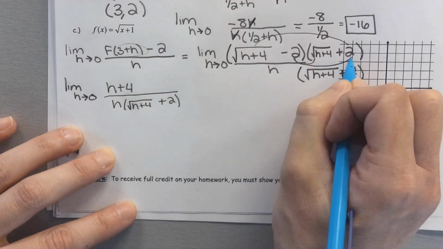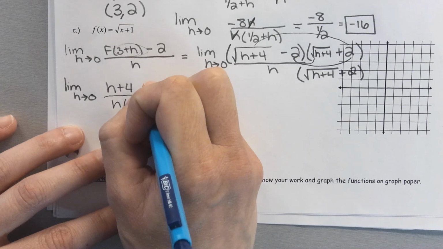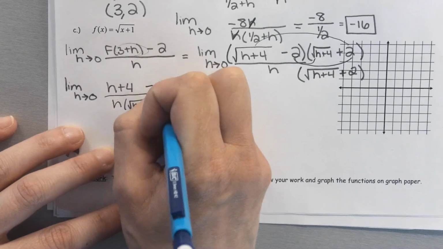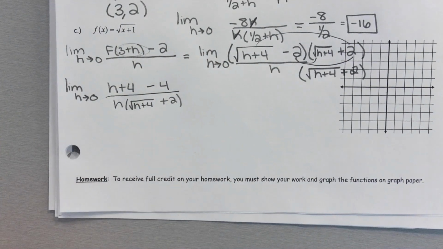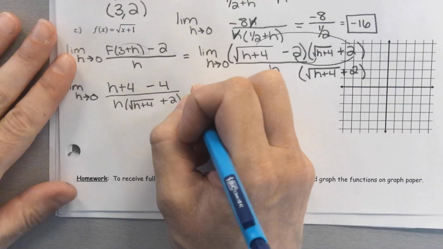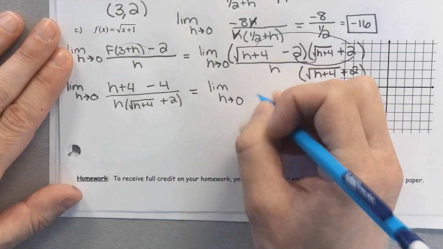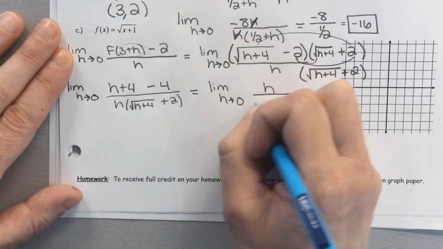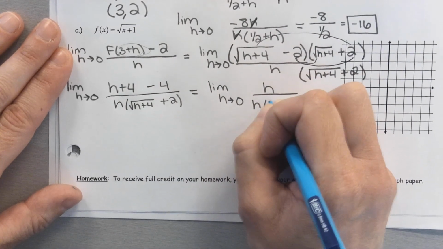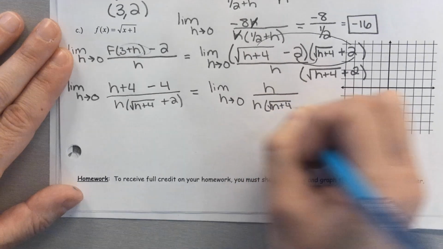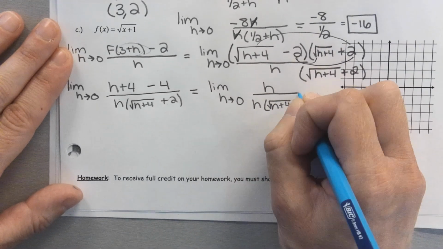Now, negative 2 times positive 2 is negative 4. It's getting better, right? Okay, what's next? The 4's cancel out. Limit as h approaches 0 of h all over h times the square root of h plus 4 plus 2.